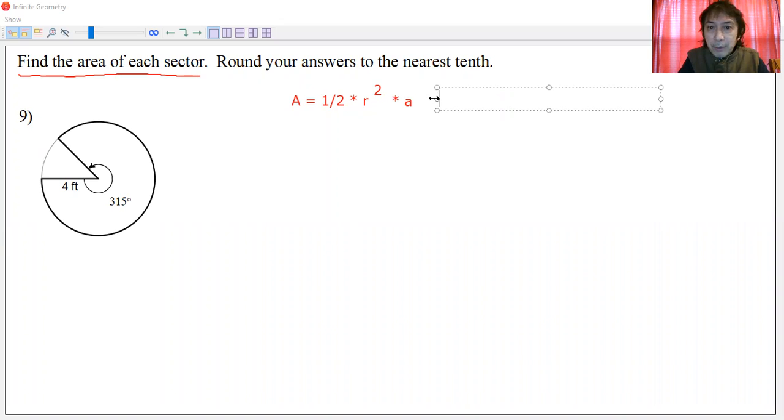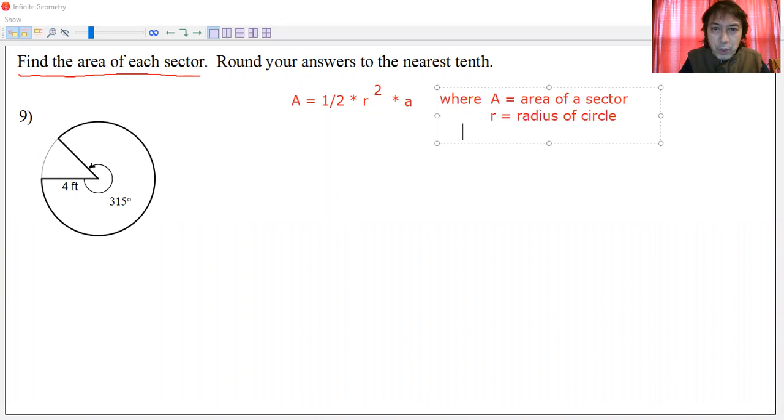We shall define our variables where A equals area of a sector, r is equal to radius of the circle, okay? Our small a, that is our central angle there, okay? Now, the central angle, again, must be in radians, okay?